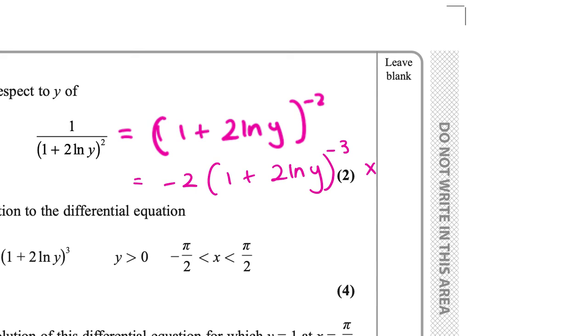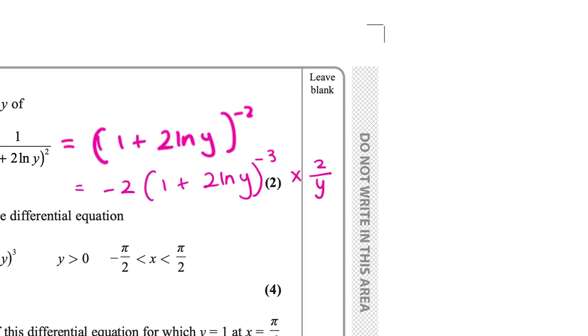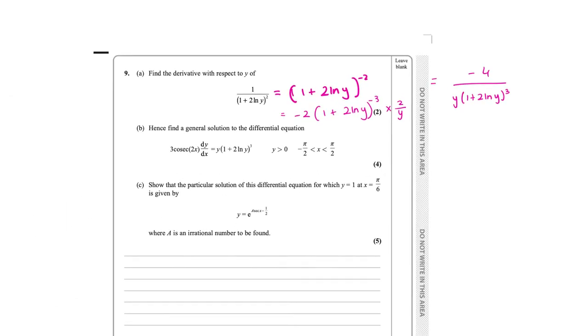What's the differential of 2 ln y? 2 over y. So then this is going to equal minus 4 over y lots of 1 plus 2 ln y all cubed. This is how you could write it. Okay, 2 marks, nice and easy.